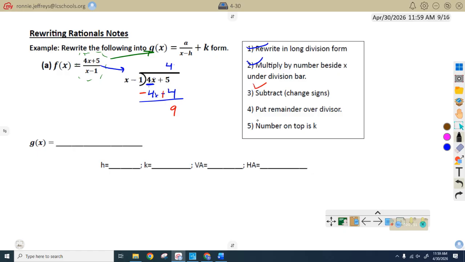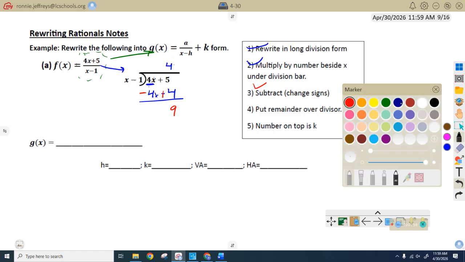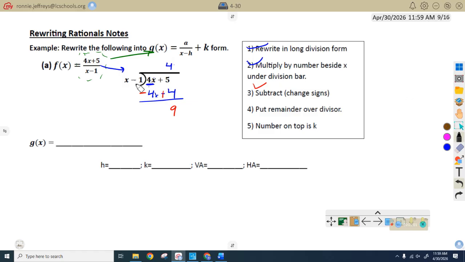Okay. Put remainder over divisor. Some of y'all are like, what does that mean? So this is our remainder right here. So we're going to put 9 over x minus 1.